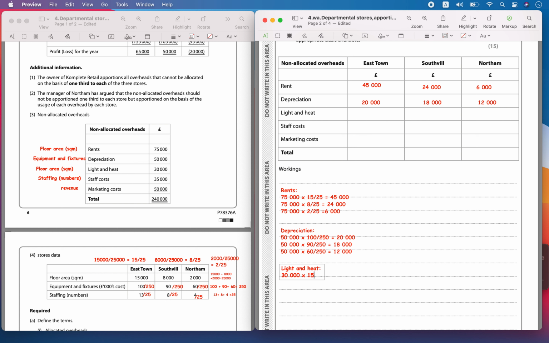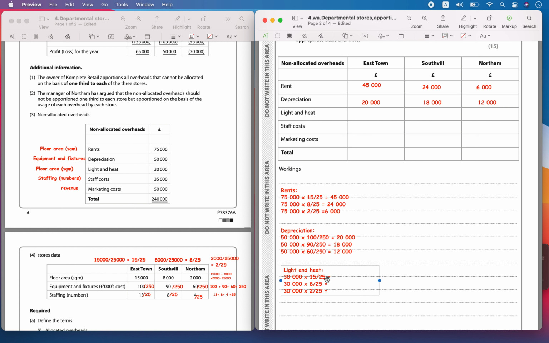It's a floor area, so it is 15 over 25, and for the second one it is going to be 8 over 25, and for the third one, it's going to be 2 over 25.